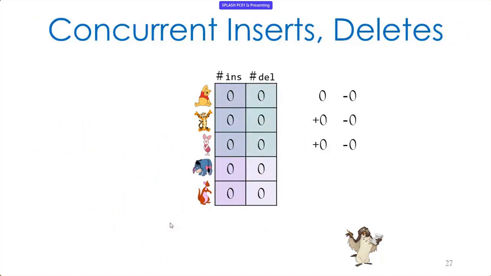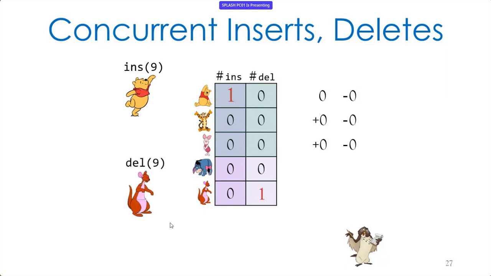So let's say that we start with a set that no insertions or deletions were performed on so far, and Owl runs a size operation, starts reading the counters and computing the size. Now, when it reaches this counter, let's say that Pooh starts running and he inserts 9 into the set and updates his insertion counter accordingly.